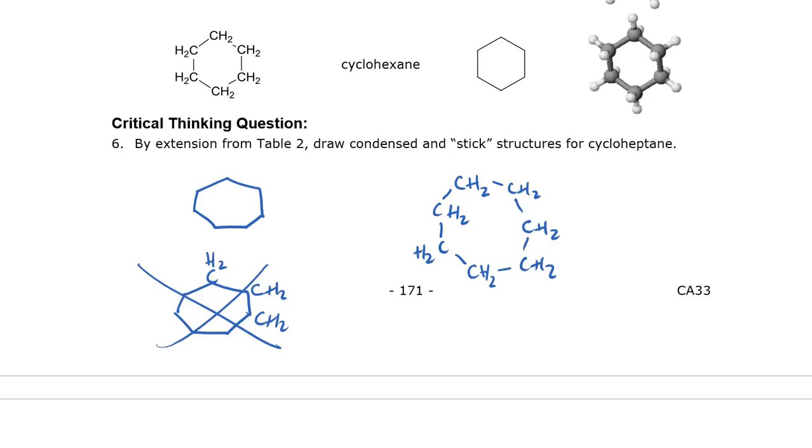And I didn't try to draw the whole Lewis structure of these, but if you tried to draw the whole Lewis structure, then each time you had a CH2, you would have to put the CH2s out like this. So I'll just do cyclopropane. Right, so there's cyclopropane with a complete Lewis structure. Much easier to just draw this.